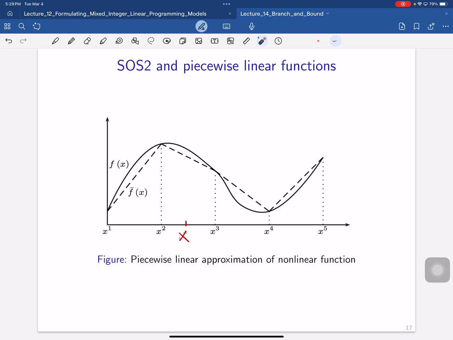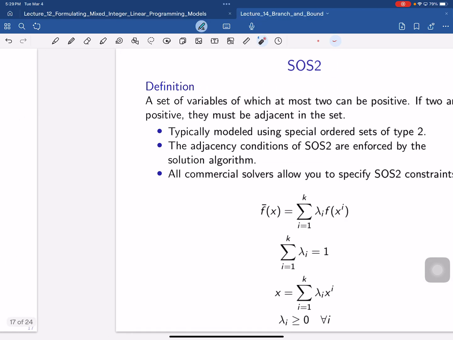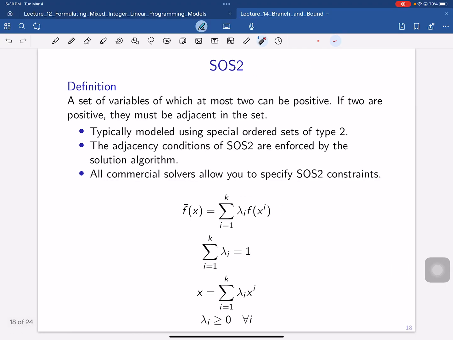This is where SOS2 comes into play, which says, let's consider a set of variables of which at most 2 can be positive. If 2 are positive, they must be adjacent in the set. That's what SOS2 means.